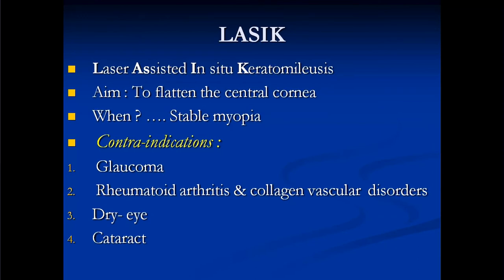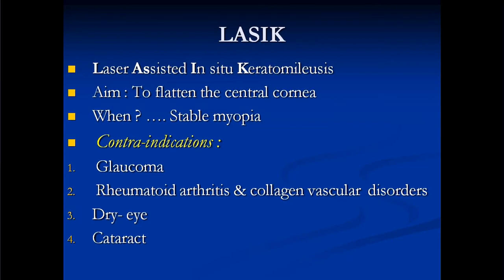So here a little detail about LASIK is being given. Laser assisted in situ keratomileusis, the LASIK, if you expand it. The aim is to flatten the central cornea. You go for LASIK surgery when the myopia is stable.